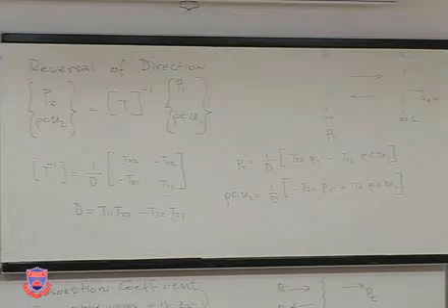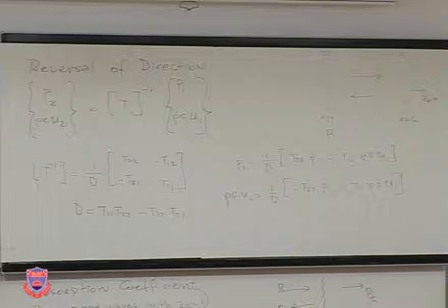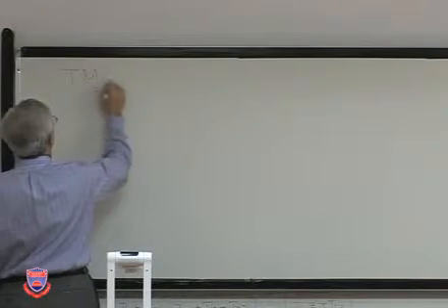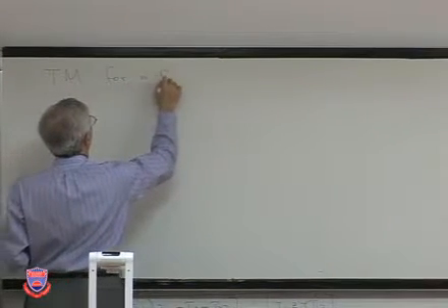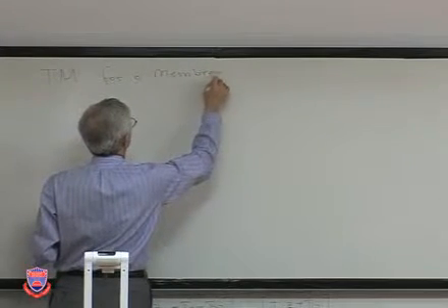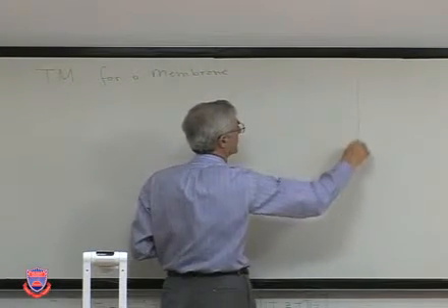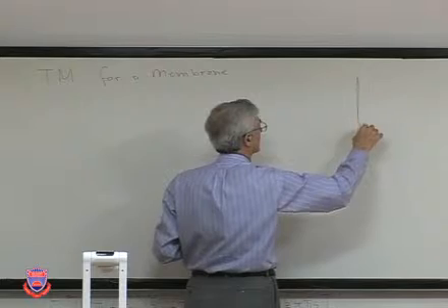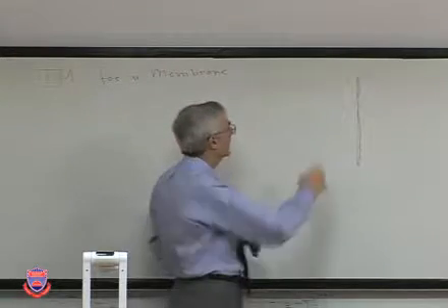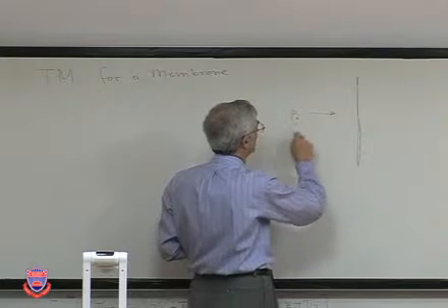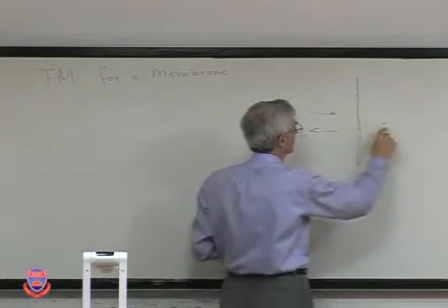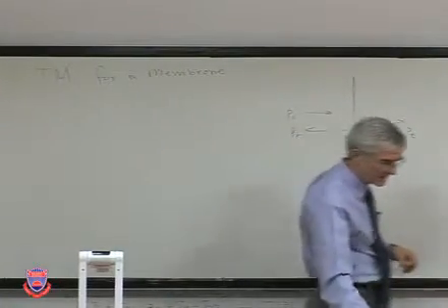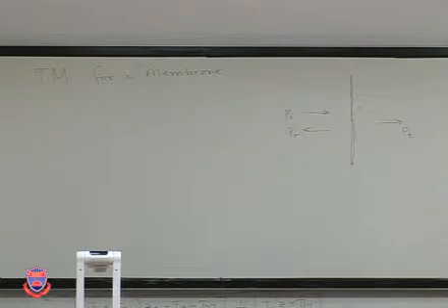What we're saying is, let me clean this. Okay, we'll see transmission matrix for a membrane. Okay, we have a membrane here. And sound is incident. Sound will be reflected. Sound will be transmitted. Okay, what is the essential difference between a membrane and a plate?